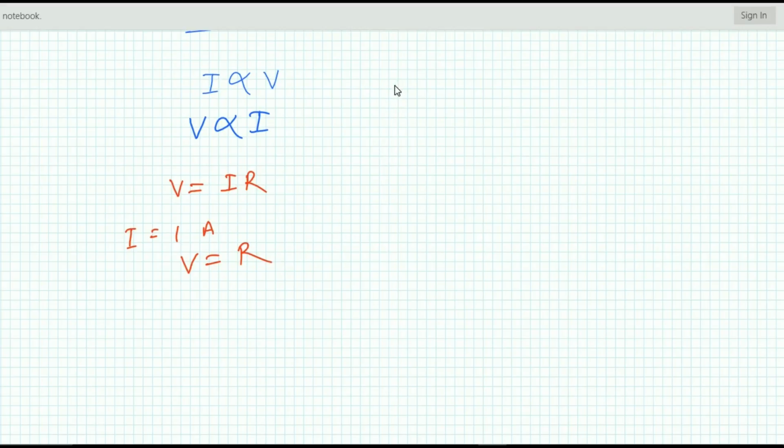So what is the unit of resistance? R equals V by I, which is equal to volt ampere to the power minus 1. This is the unit of resistance, which is known as ohm.